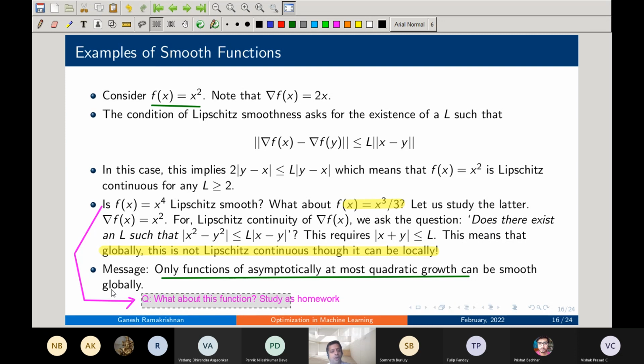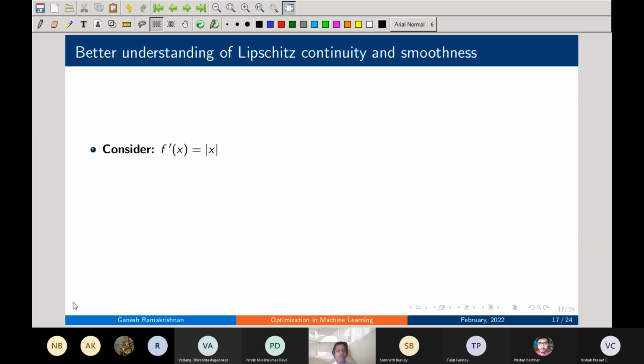Is x raised to 4 strongly convex? Surprisingly, it is not. You can think a bit more about it and study it as homework. Let's study a few more examples.